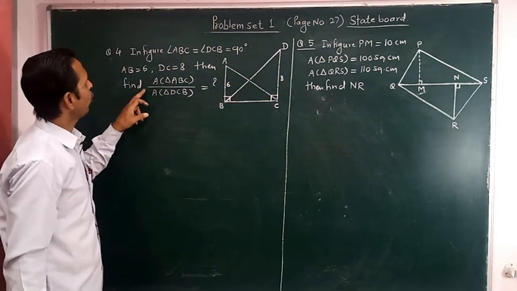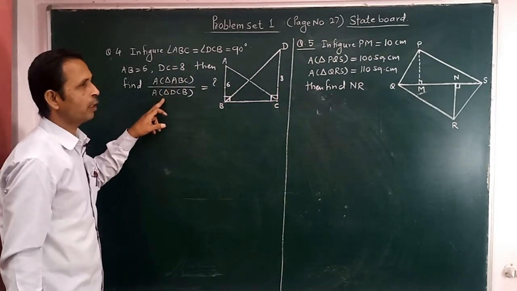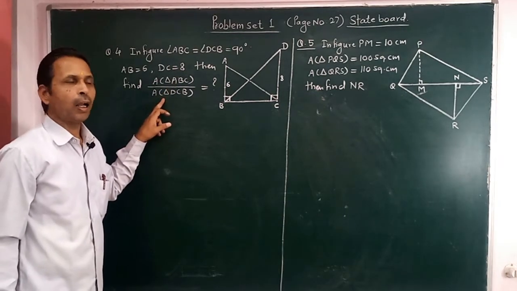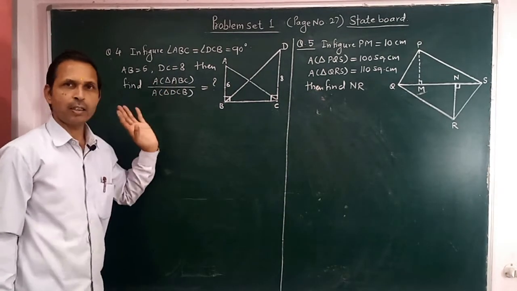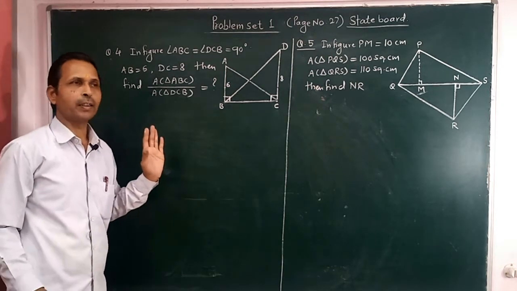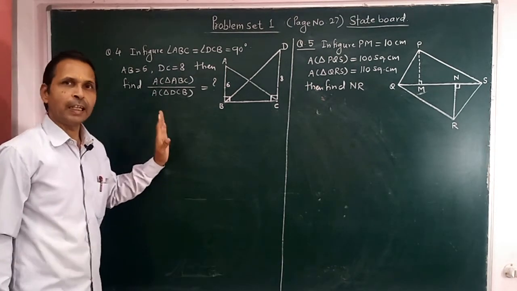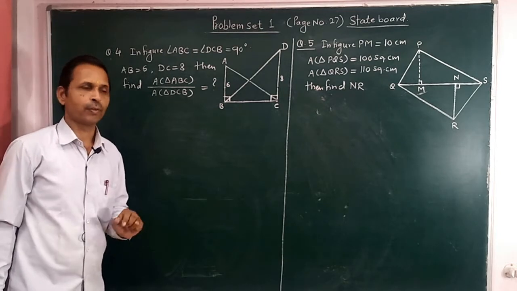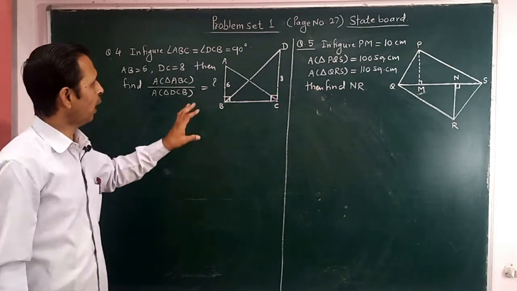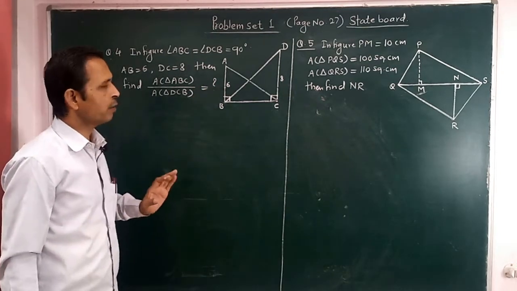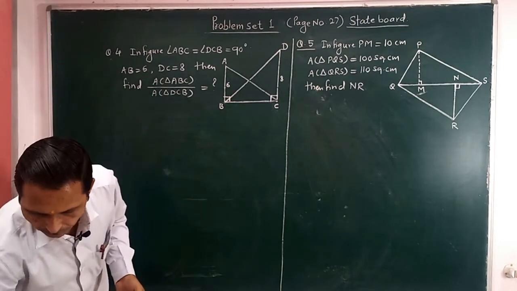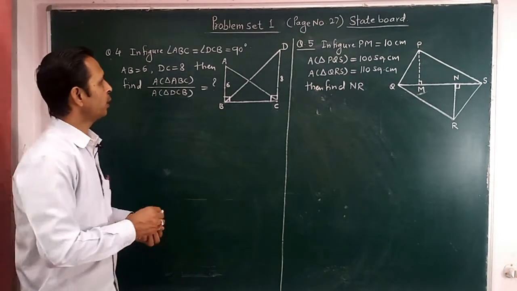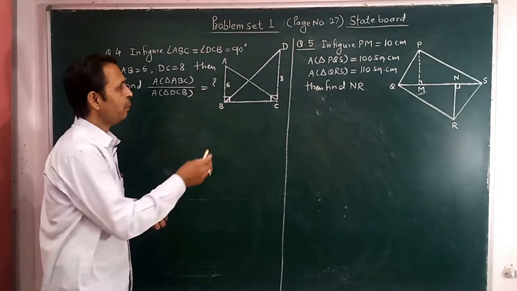And then we have to find the area of triangle ABC upon area of triangle DCB, meaning we have to find the ratio of the areas of these two triangles. When we observe, these two triangles have the same base.